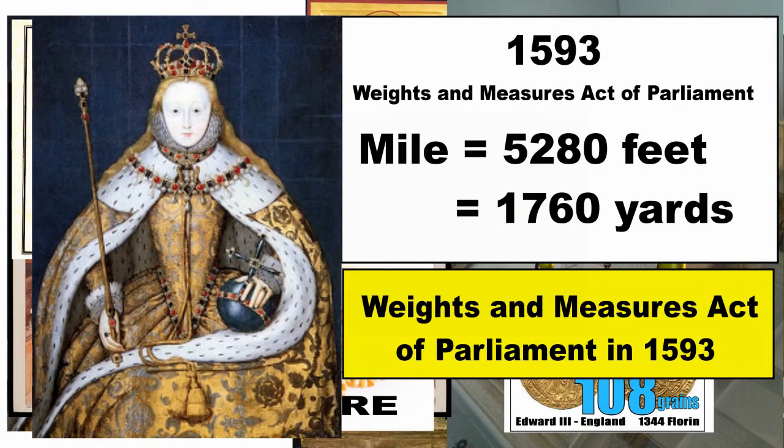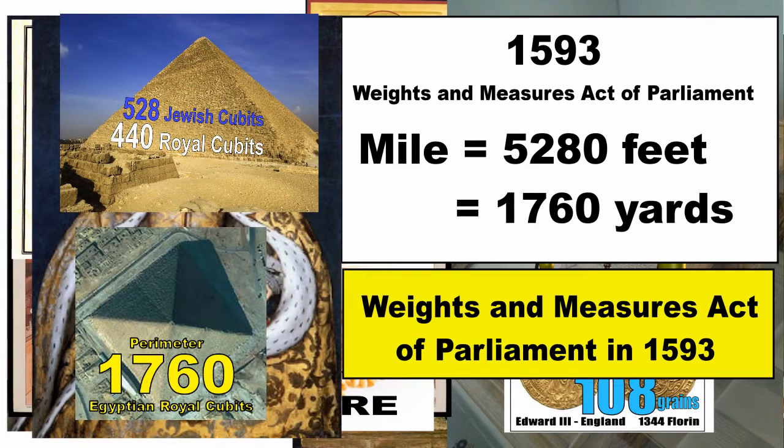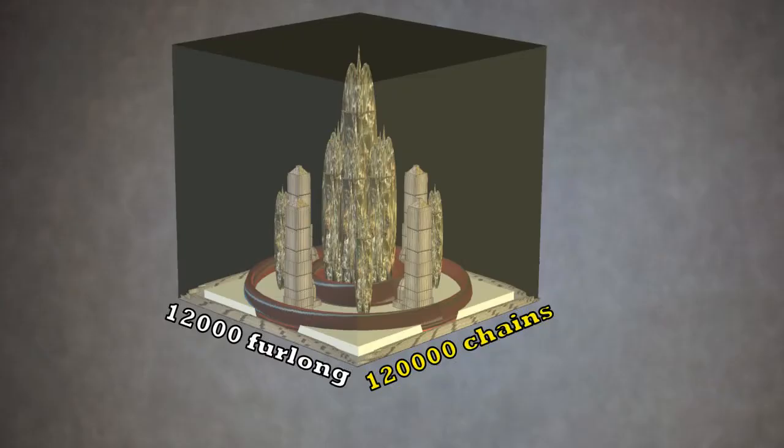And of course, we jump back a few short years to 1593, where basically the mile that we know now was set at 5,280 feet, 1760 yards. 1760 Royal Egyptian cubits is the perimeter of the Great Pyramid's base, the pure pyramid, not the socle or the sockets, and the base length of each side is 528 Jewish cubits.